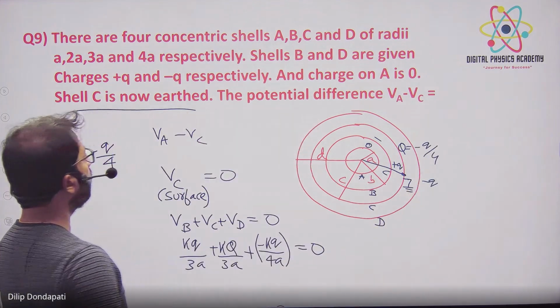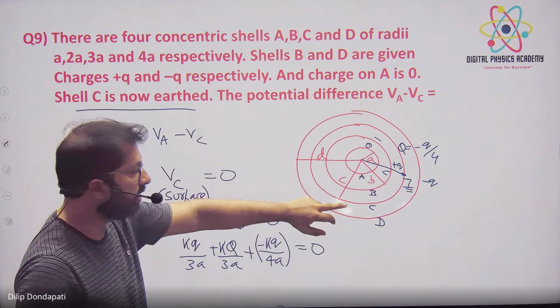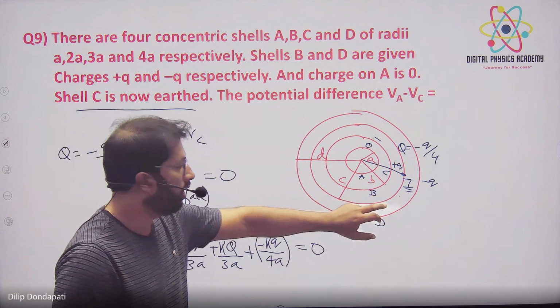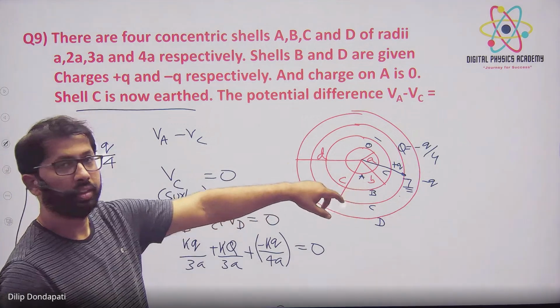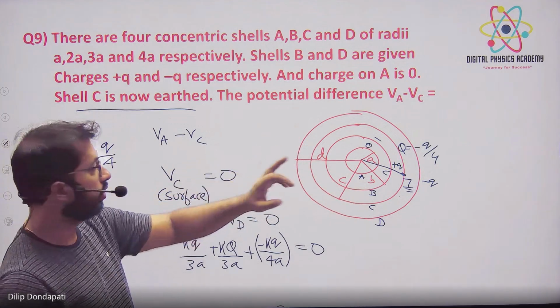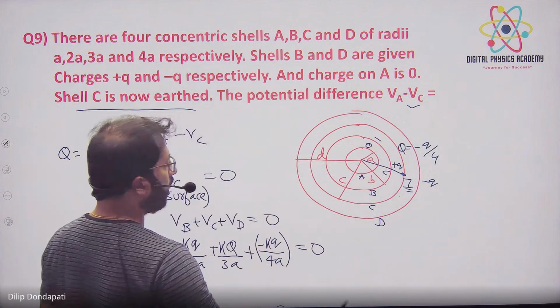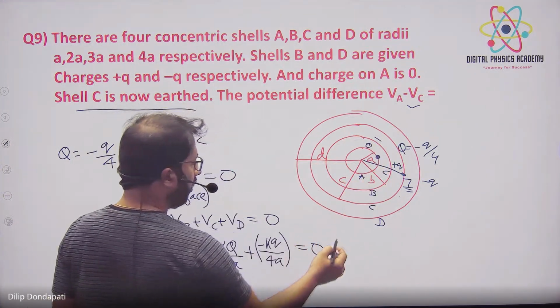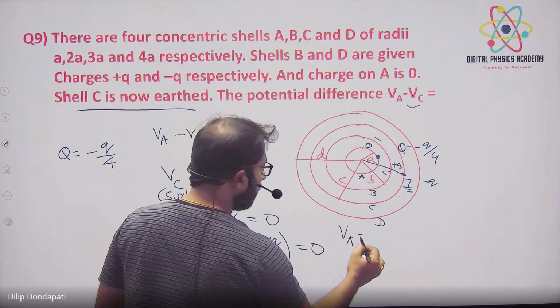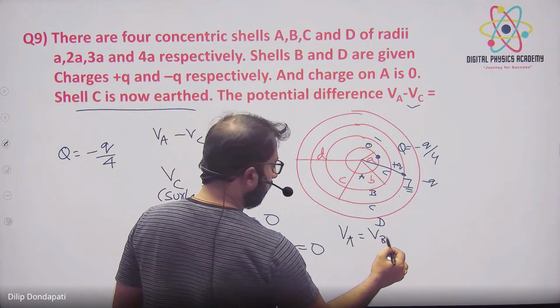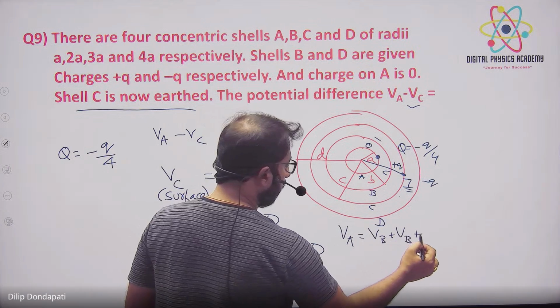Now what is being asked is the potential VA minus VC. Tell me, how much will VC be? The potential at point C is earthed, so 0. So C is gone. We have to find the potential at A. That's it. The potential at A is due to the second shell, third shell, and fourth shell.